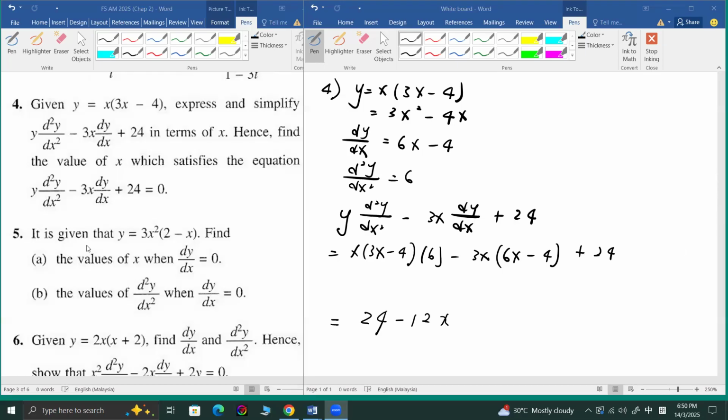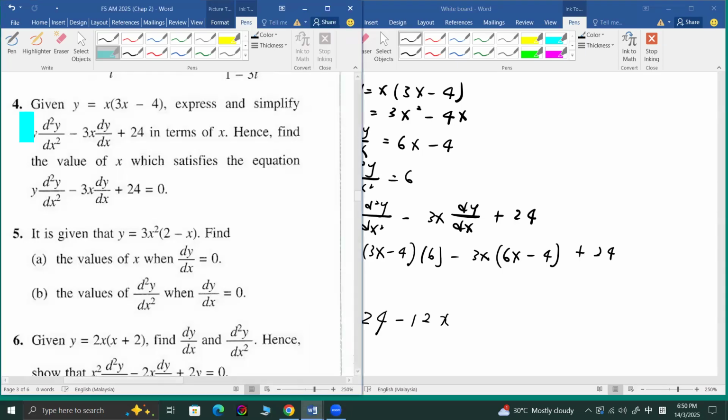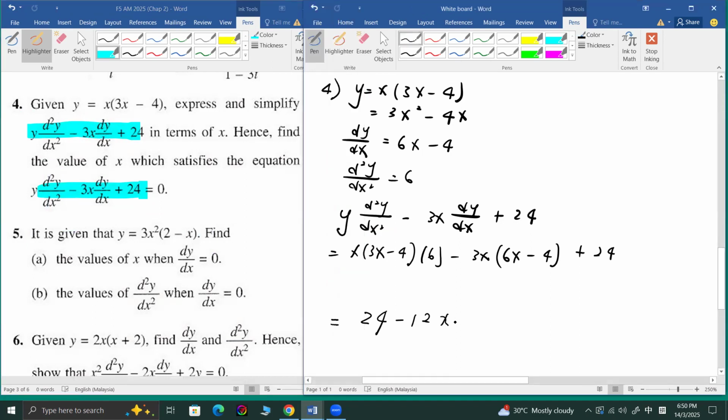So after you get this right, you see the question. Hence, find the value of x which satisfies this equation. So class, you see here? Exactly the same for this part, right? And the blue part that I highlighted is this one.